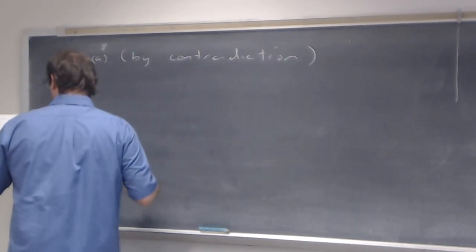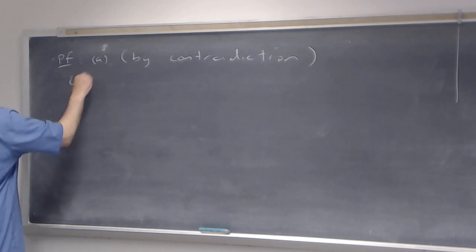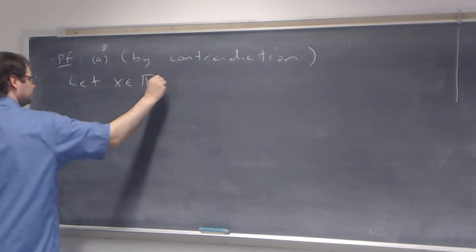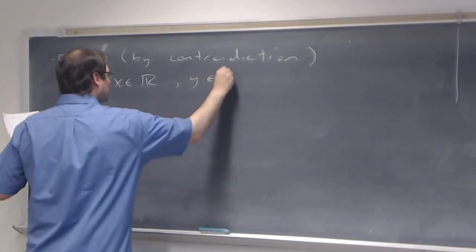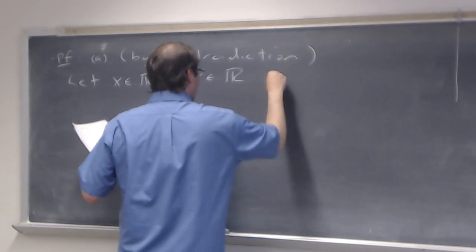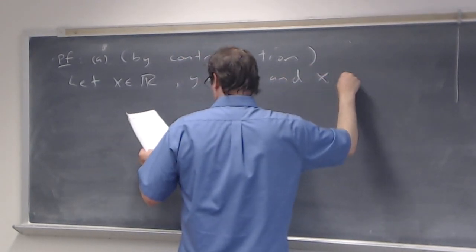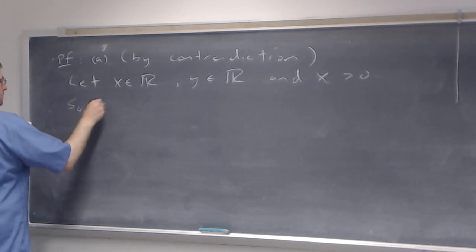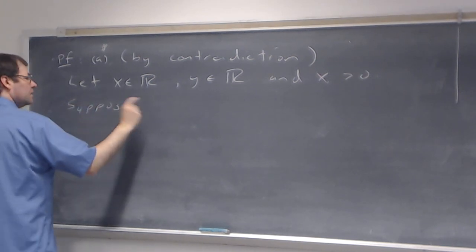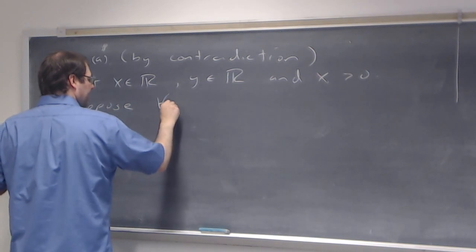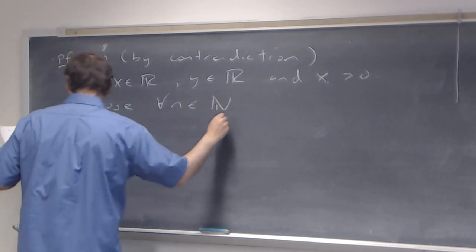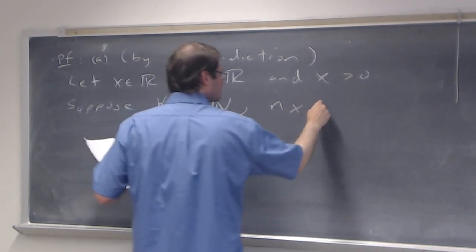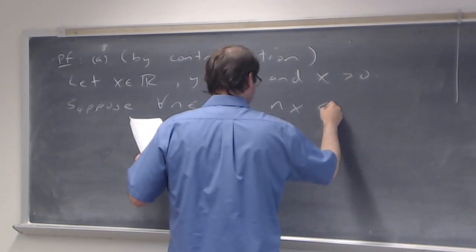And what we do is we assume the given, the first part of the conditions. Let x be an element of R, y be a real number, and x be greater than 0. Suppose, the opposite of what we're trying to prove, that for every n an element of the natural numbers, n times x is less than or equal to y.